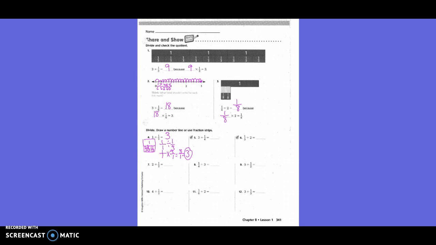Okay, so the next one, I have 1 whole, and how many 1/4 size pieces does it take to make 1 whole? 4. So I'm going to draw that. So then they want 3 though.